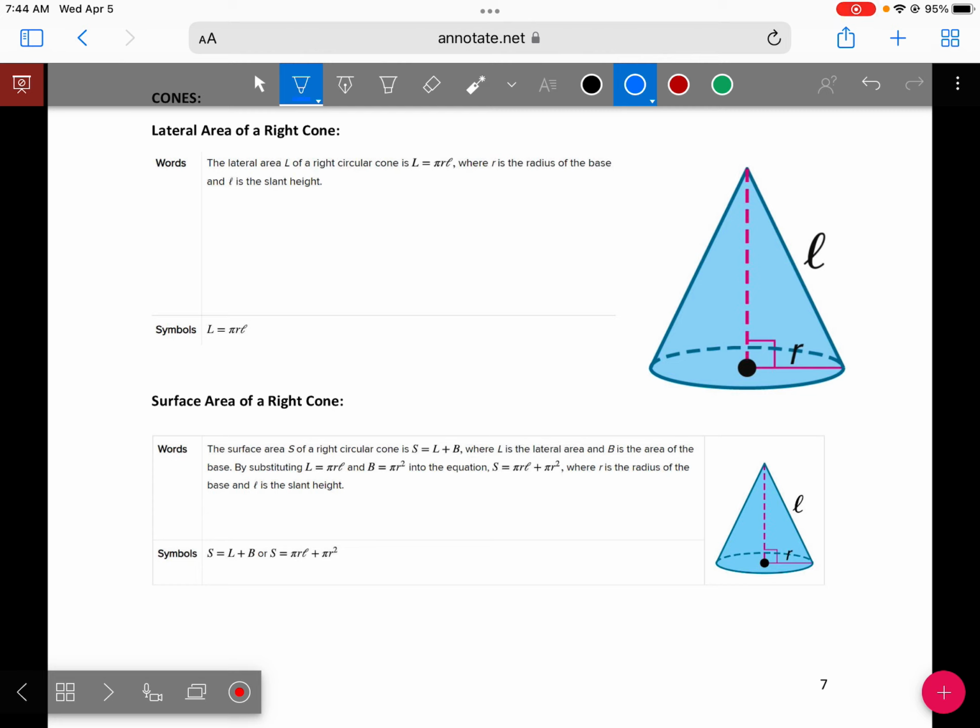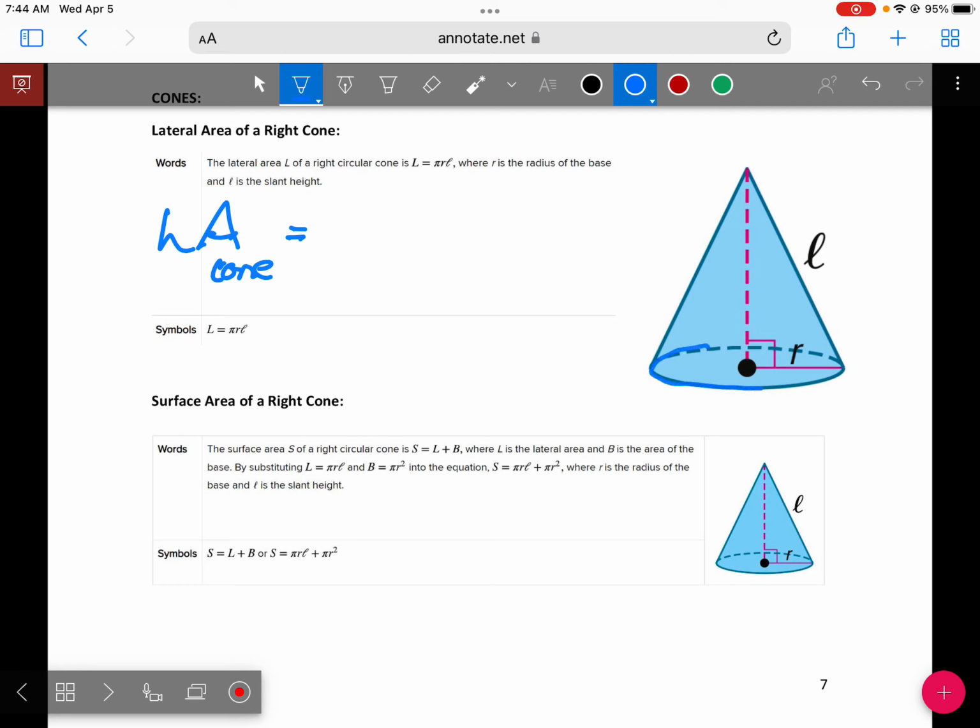All right, so my lateral area here, lateral area of a cone is going to be, when you think about it, this is a circle, okay?